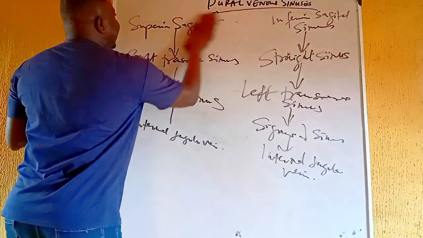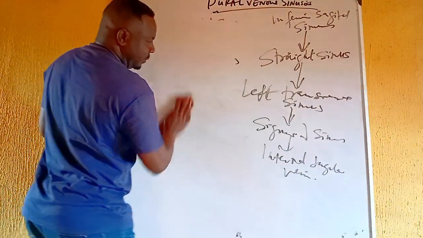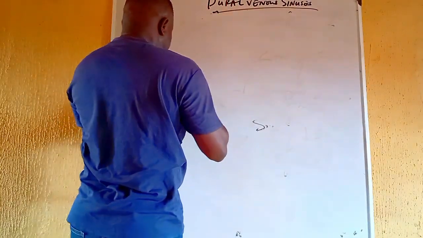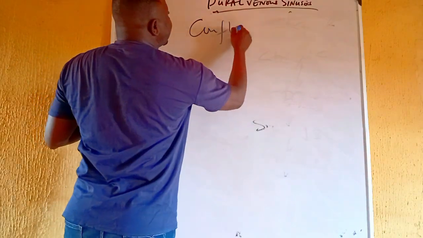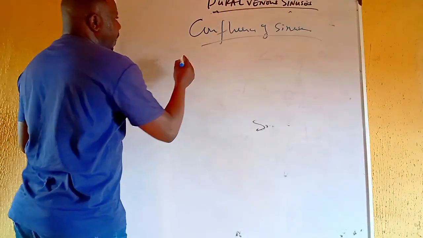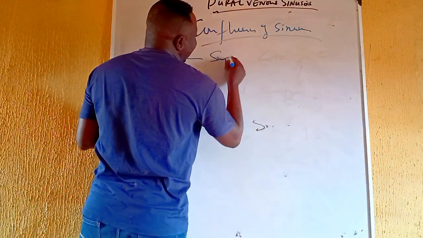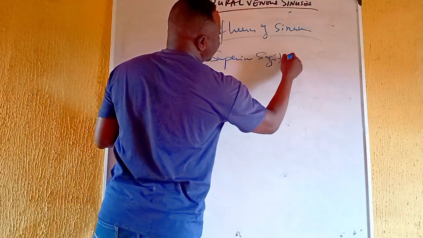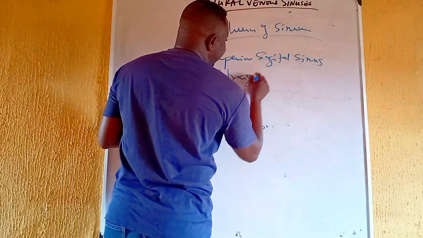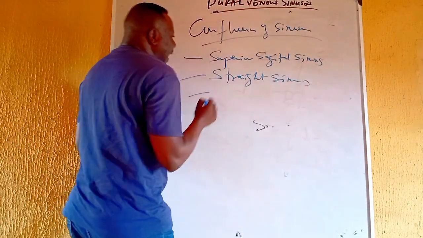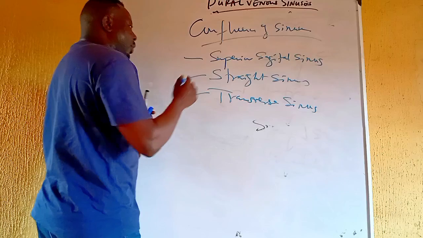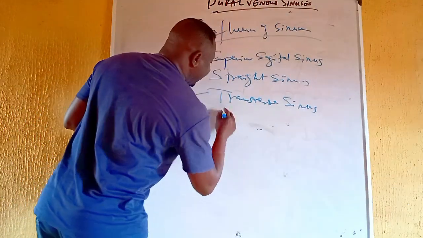Another important thing I would like to talk about is the confluence of sinuses. The confluence of sinuses consists of the superior sagittal sinus, the straight sinus, the transverse sinus, and also the occipital sinus.